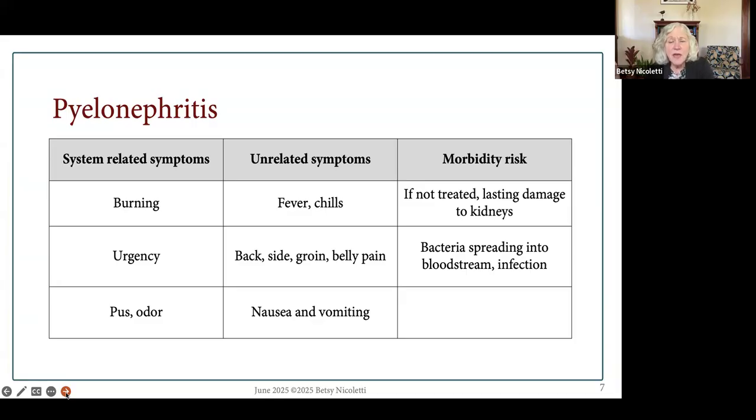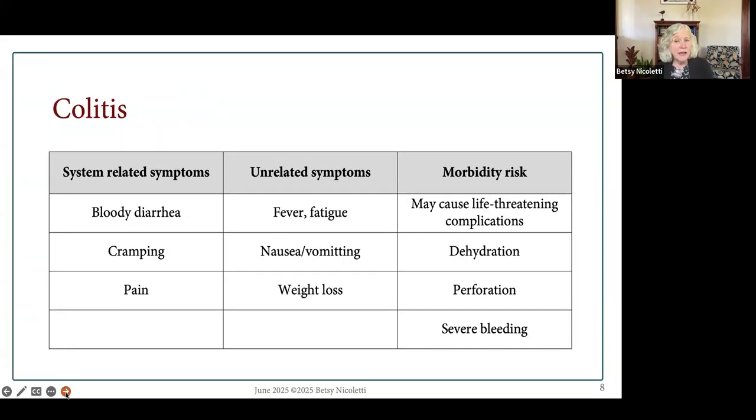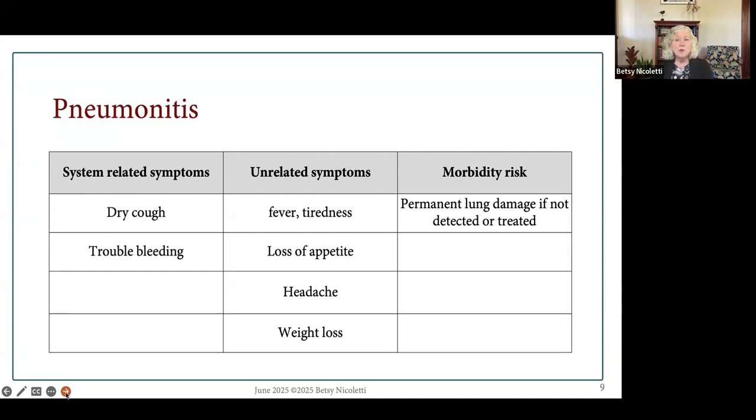Pyelonephritis, if not treated, could have lasting damage to the kidneys or could become a bacterial infection. For colitis, the symptoms, the unrelated symptoms, and the morbidity risk, colitis can cause life-threatening complications, dehydration, perforation, or severe bleeding. And pneumonitis can cause permanent lung damage if it's not detected or treated. So the risk of morbidity is significant for those three conditions.